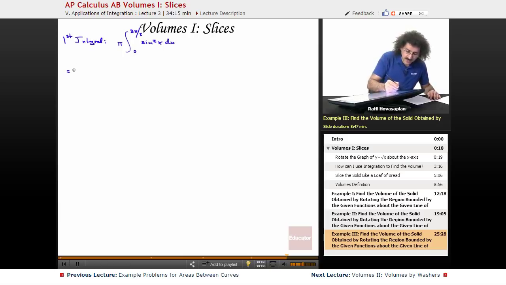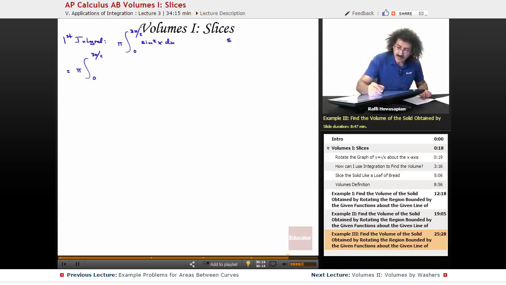So I'm going to rewrite this as pi times the integral from 0 to 3 pi over 2 of sine squared x. There is an identity where sine squared x is actually equal to 1/2 times (1 minus cosine 2x). So wherever I see this, I'm just going to put that in.